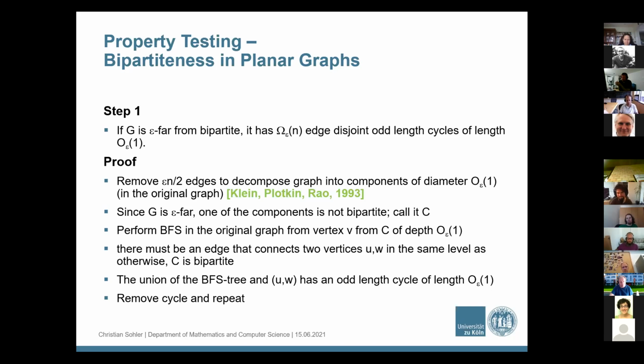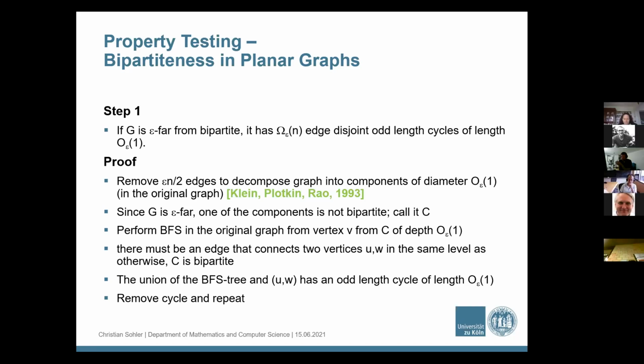So now if I apply this theorem with epsilon n over 2 edges, I can argue the same way as before. So we know that G originally is epsilon far from bipartite. This also implies that at least one of the resulting components is not bipartite. Let's call this component C.